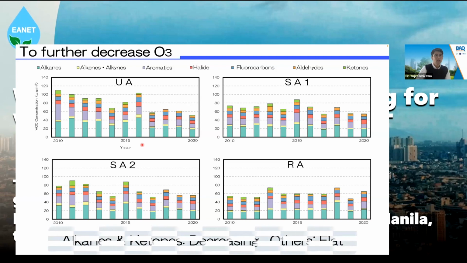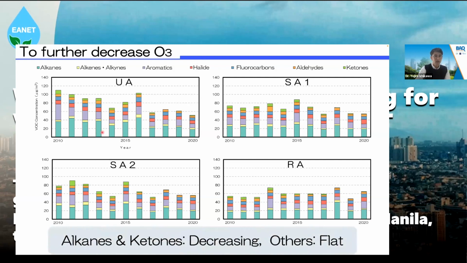You can see that alkanes, indicated in the green-blue bar, and ketones in the light green bar are decreasing. However, other groups do not show as large decreases as alkanes and ketones.